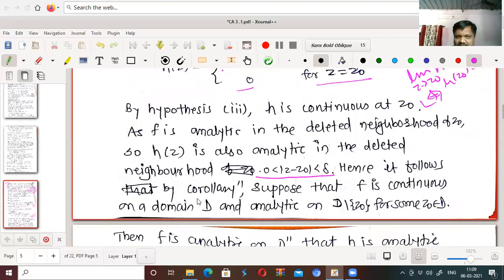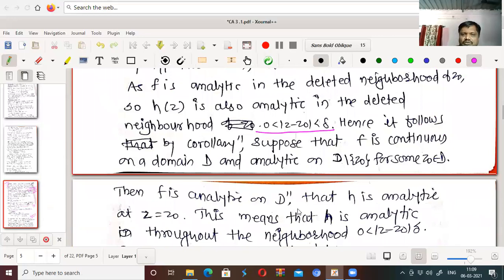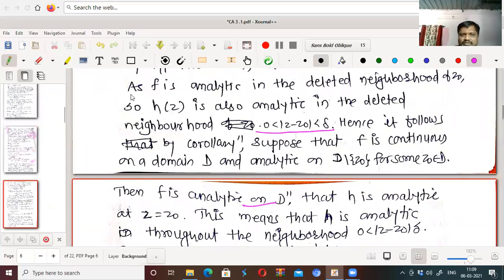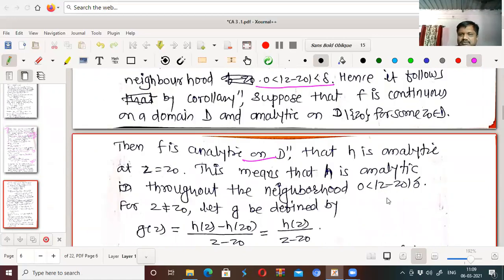Hence, it follows by the corollary that if f is continuous on a domain D and analytic on D minus z0 for some z0 belonging to D, then f is analytic on the whole D. So here h is analytic in the deleted neighborhood and continuous on it. Therefore, h is analytic throughout this neighborhood containing z0 also.